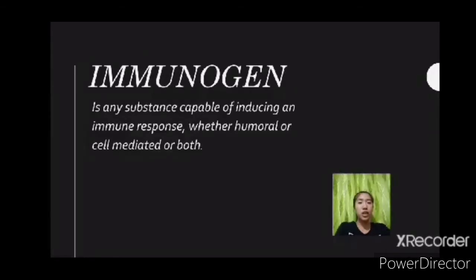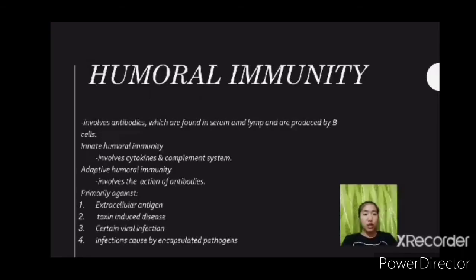Immunogen is any substance capable of inducing an immune response, whether humoral or cell-mediated or both. Also, an immunogen is a kind of antigen which not only binds to the B cell and T cell receptors but also mounts an immune response. Humoral immunity involves antibodies which are found in serum and lymph and are produced by B cells.